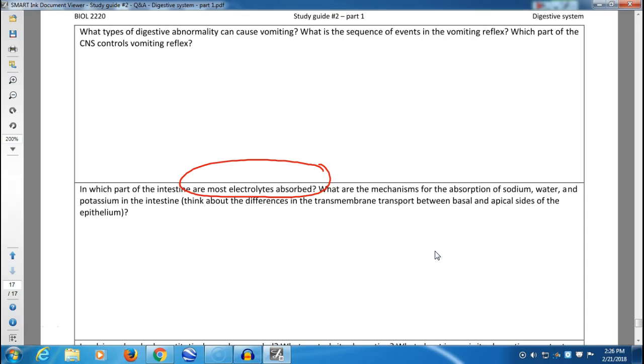How is potassium absorbed? After water absorption, potassium concentration increases and it diffuses into the epithelium. What regulates calcium absorption? Indirectly, which hormone?